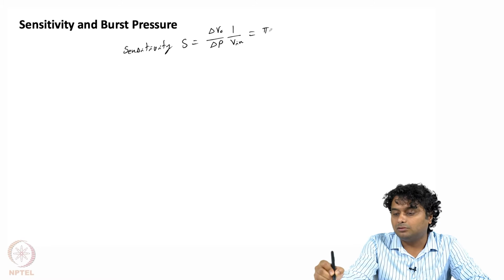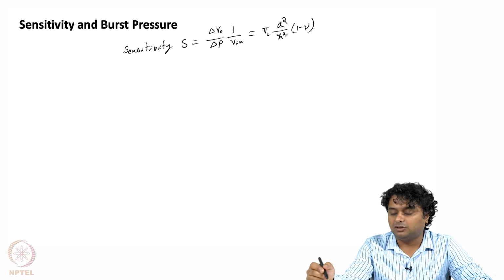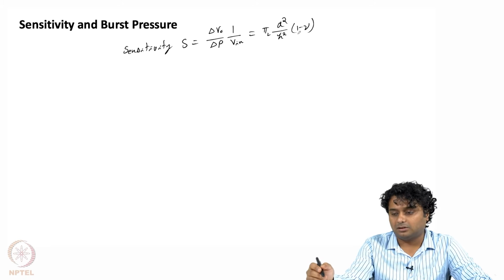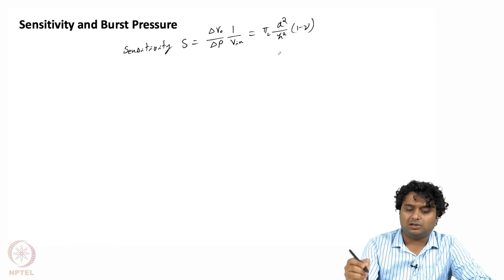This is equals to pi L into S square by H square into 1 minus nu. Now, this A and H depend on the geometry of the membrane, and then this pi L or nu depend on doping concentration, material properties, etc. So, these all we can decide, and accordingly we can select the sensitivity of the pressure sensor.